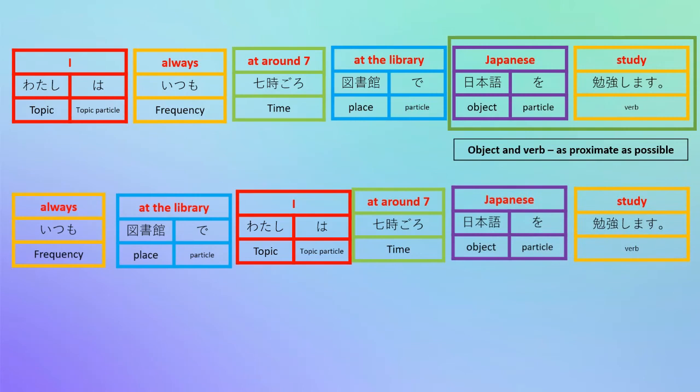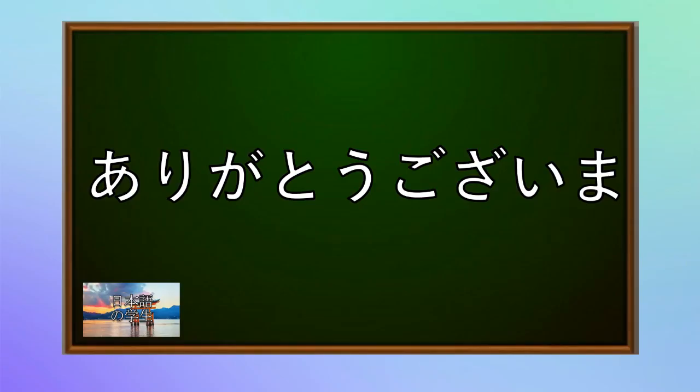Then we put the direct object and the verb together. Again, the object and the verb must be as close as possible to each other because it sounds more natural than, say, putting the direct object at the beginning of the sentence. Okay? So there, that's how easy the word order in Japanese is.